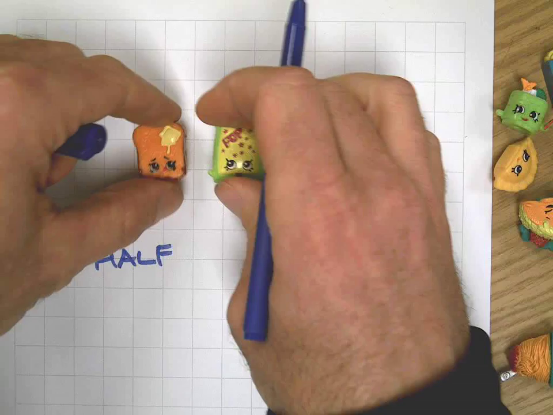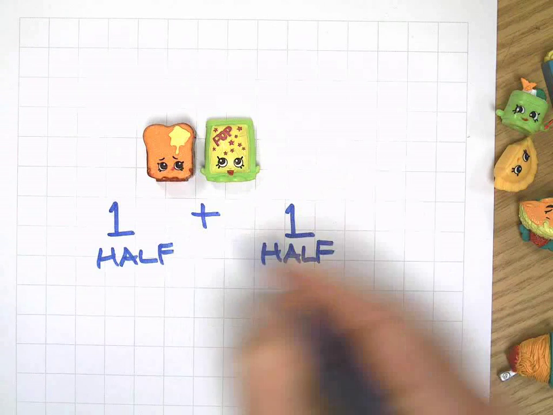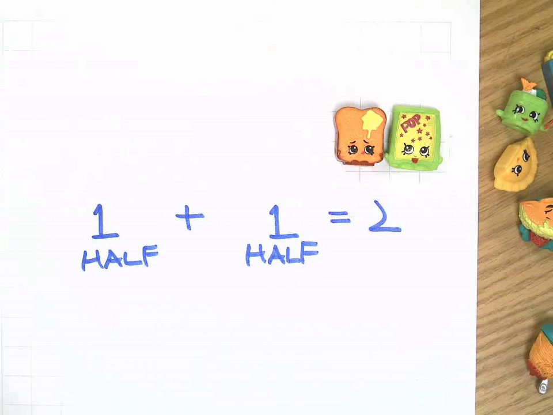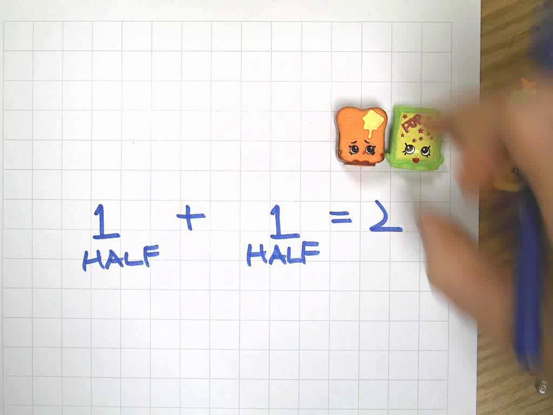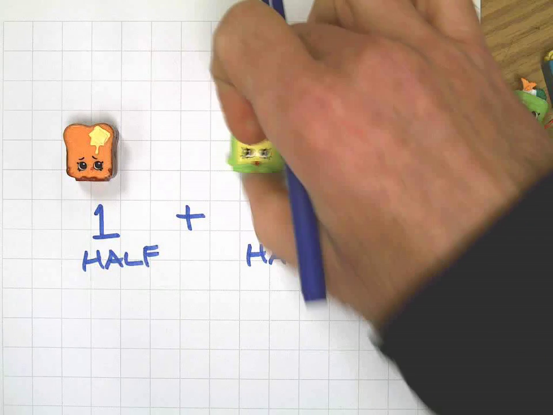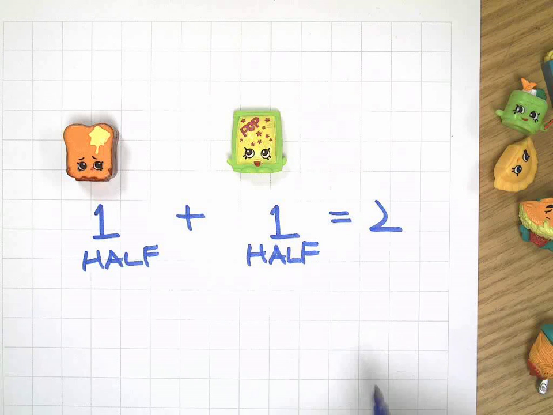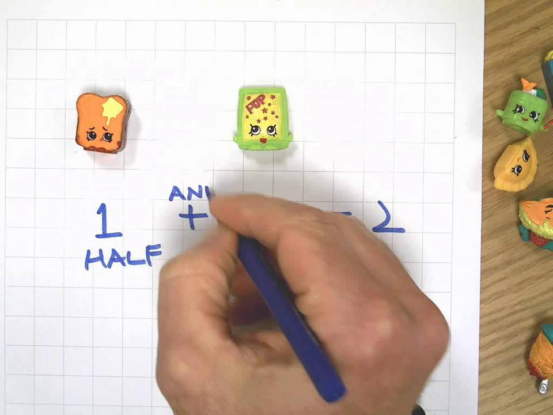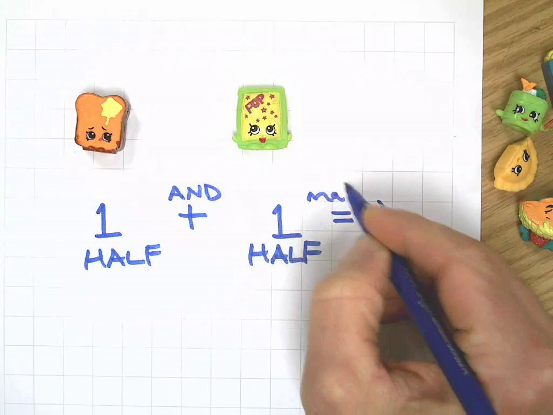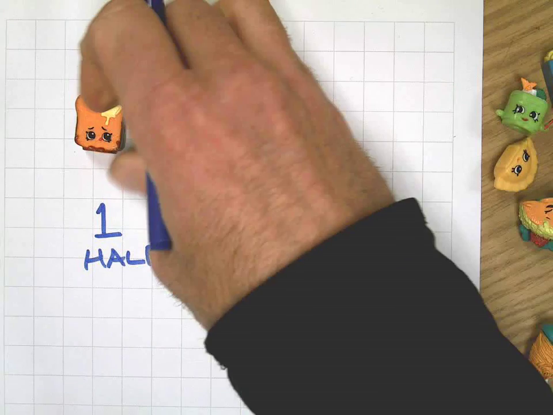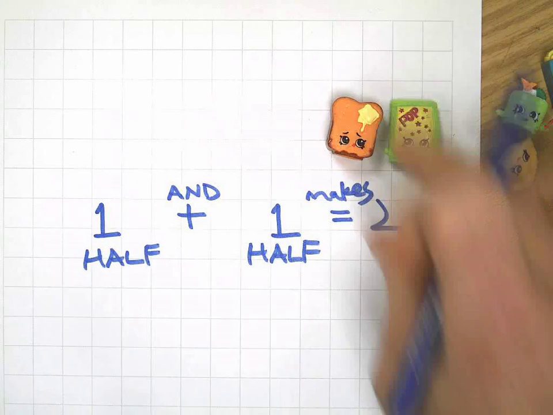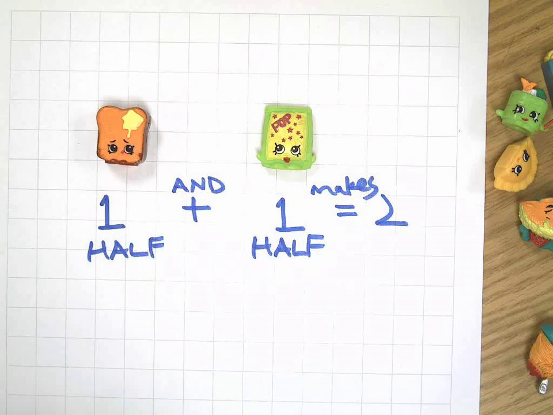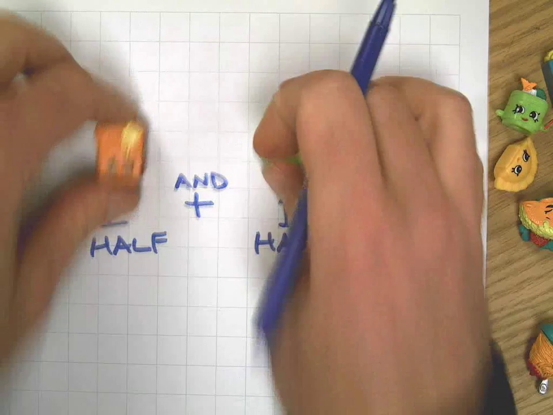Now when I put them back together, 1 and 1 makes 2, right? I have 2, and when I take half of 2, I get 1. But what we're learning today is when I start with something big and cut it in half, I should have 2 equal pieces.